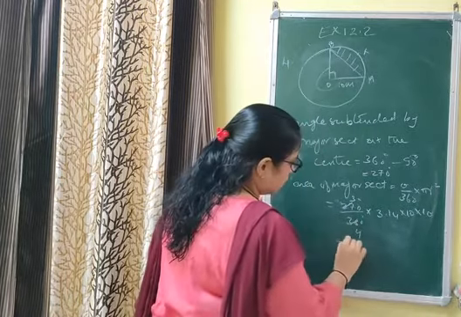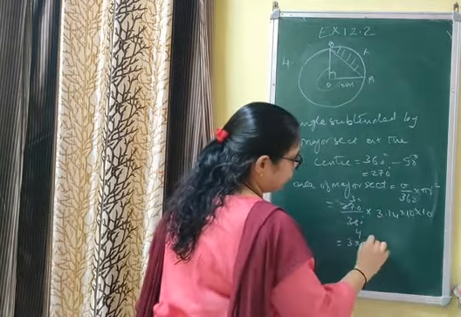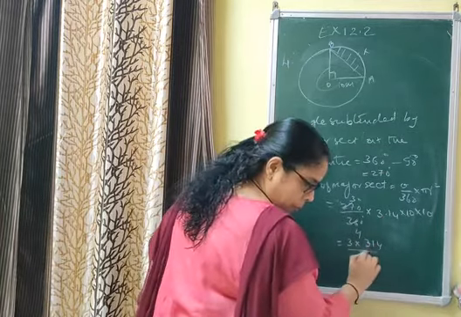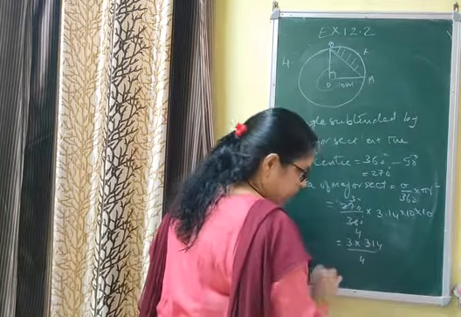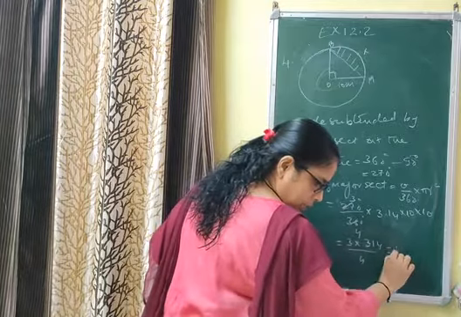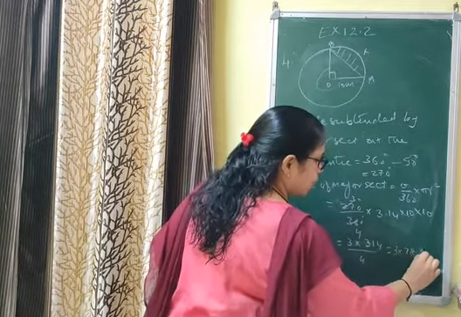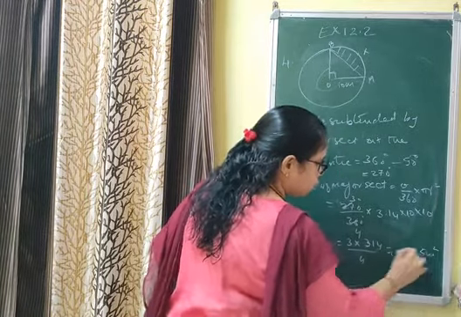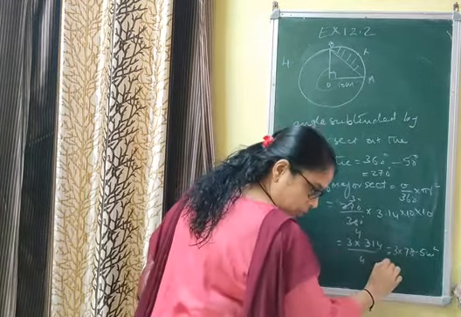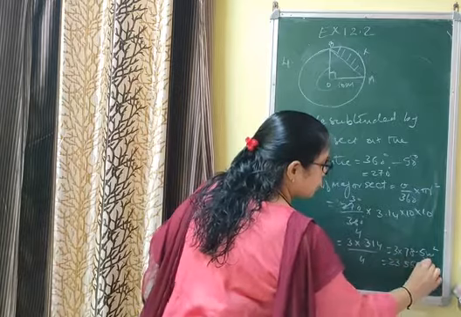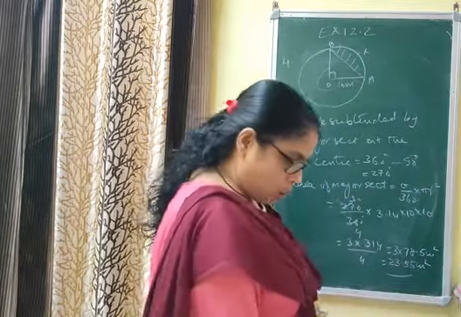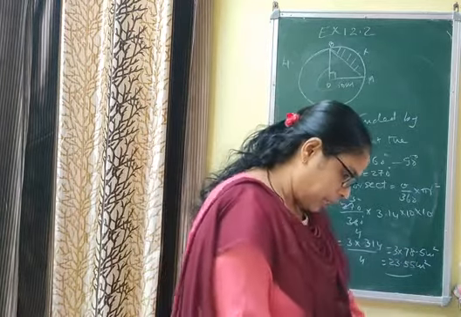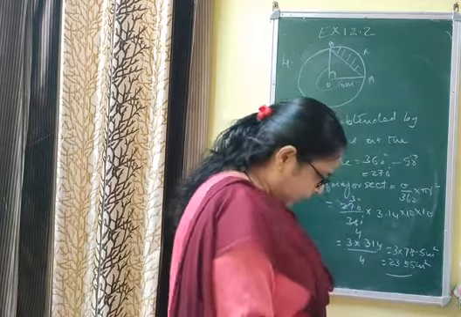Now this means 3 into 100 into 3.14, 314 upon 4. That means if you multiply this, you will get 3 into 78.5 cm square. You have to do by yourself. That is 23.55 cm square. This is the area of the major sector.